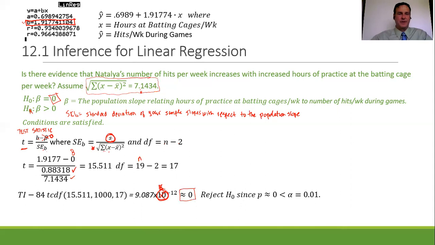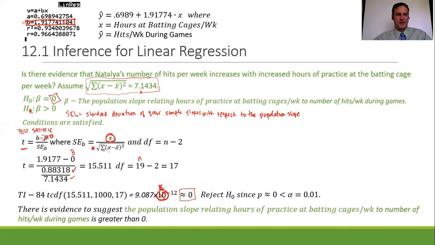What does this mean? Well, we can write a conclusion here. It says there is evidence to suggest, because we have to reject the null that was already stated right above that. Notice this part in green is just the part that I had up here.